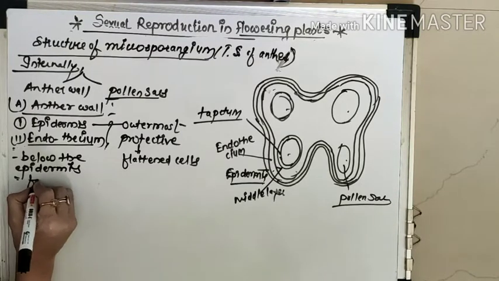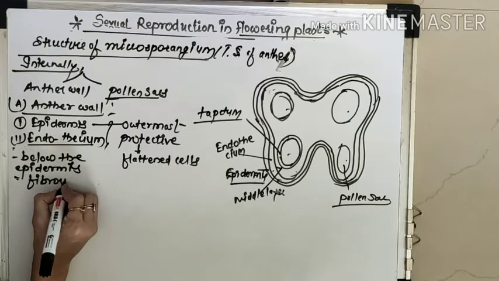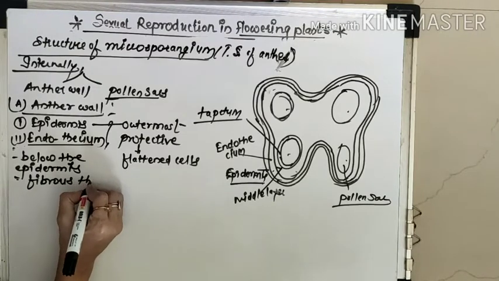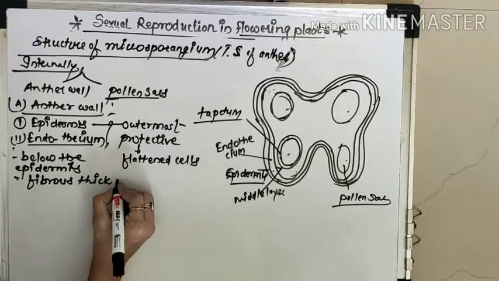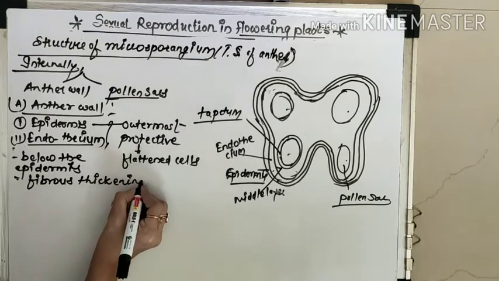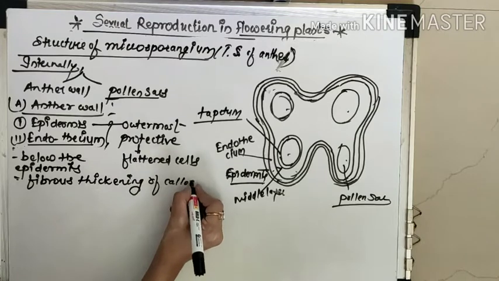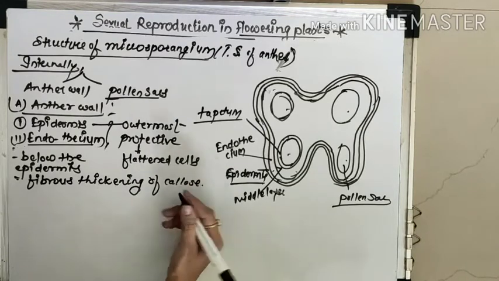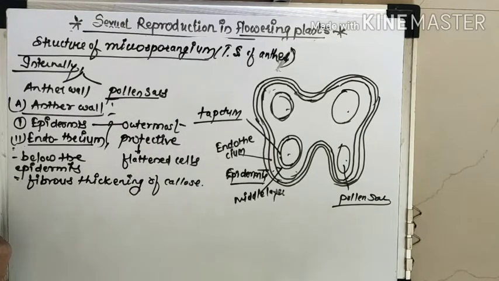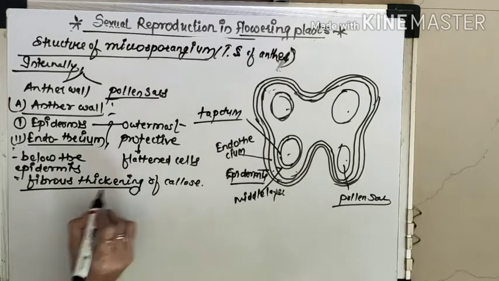This fibrous thickening and the hygroscopic nature of these cells help in dehiscence of the anther at maturity, because of this fibrous thickening.